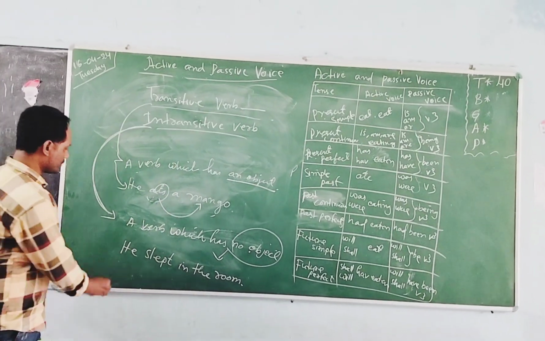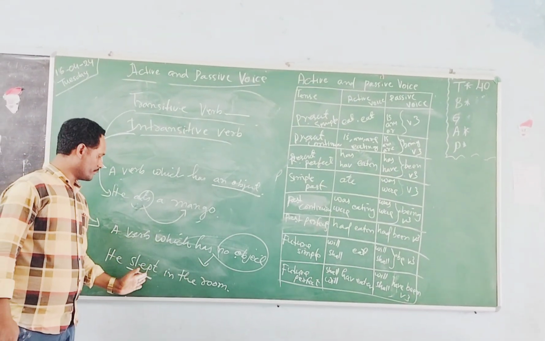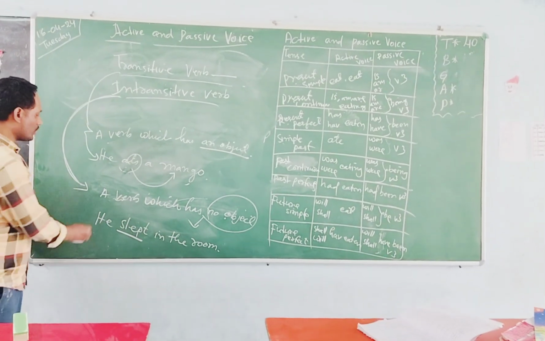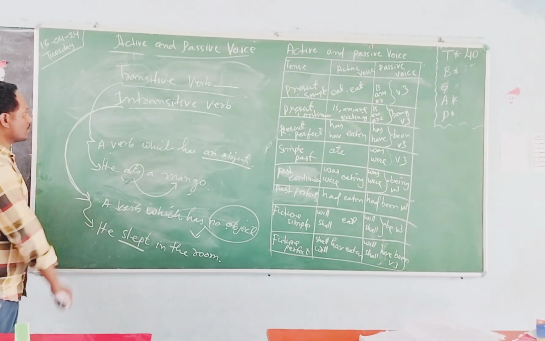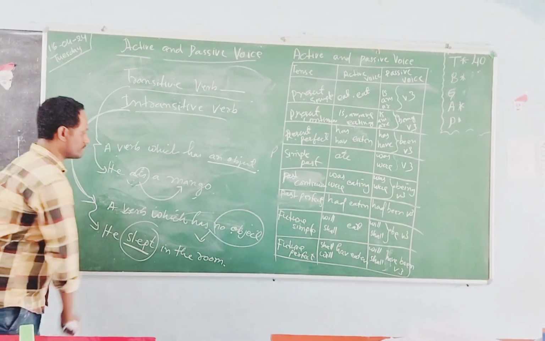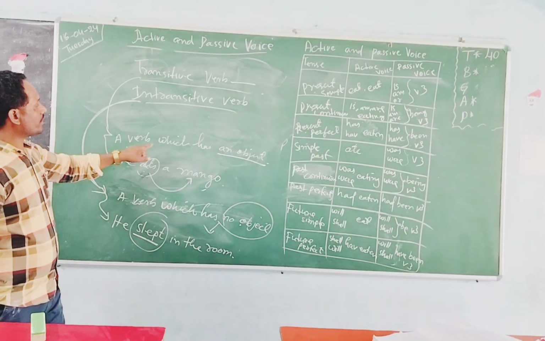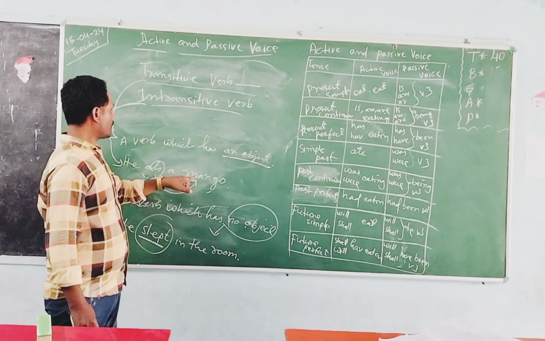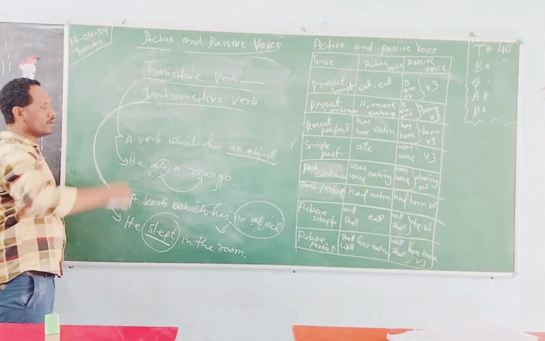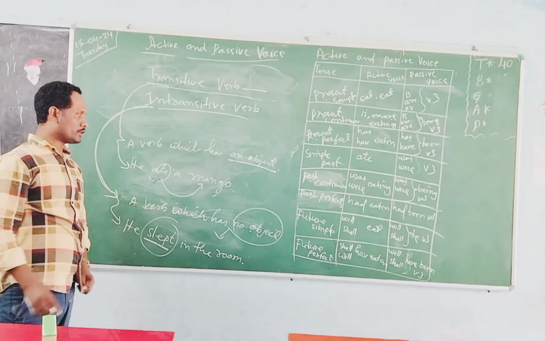There is no action between verb and object. There is no object. This is called an intransitive verb. In the first example the verb has an object, a mango. So only a transitive verb will change into passive voice.